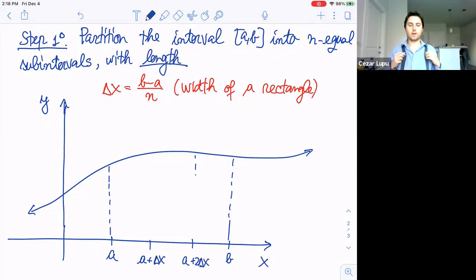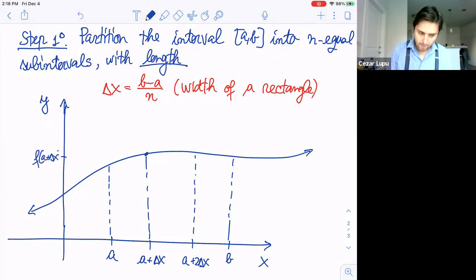I have the double of this. And here, the points will be f of a plus delta x, and here f of a plus 2 delta x, right?